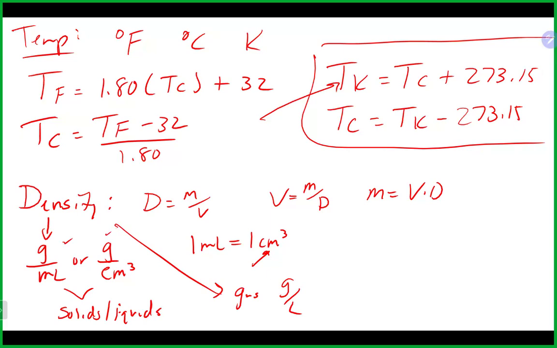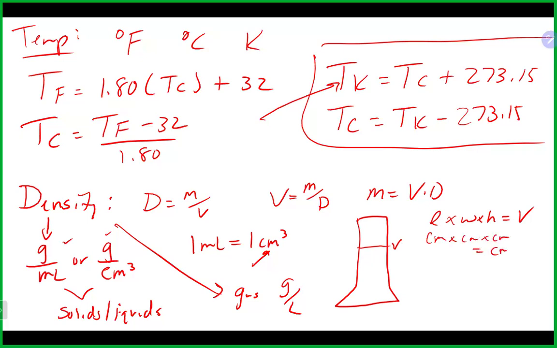Now, we can get the volume in a few different ways that we talked about. You can take a straight volume reading from something like a graduated cylinder. You could also do length times width times height if you have some type of cube, and if each is in centimeters, that is how we get cubic centimeters. The last way to get a volume, which is also very common, especially with density, is volume by displacement.